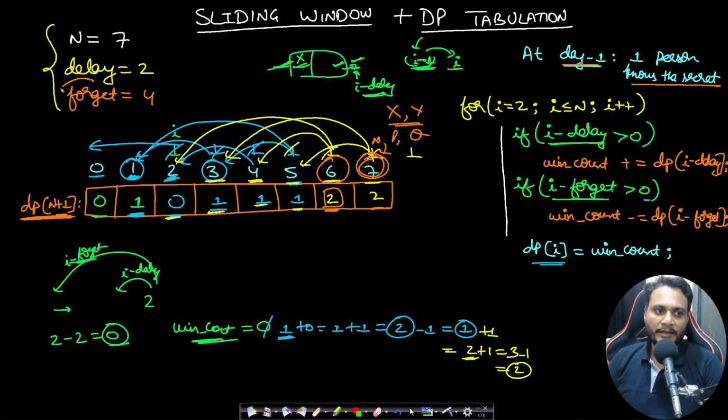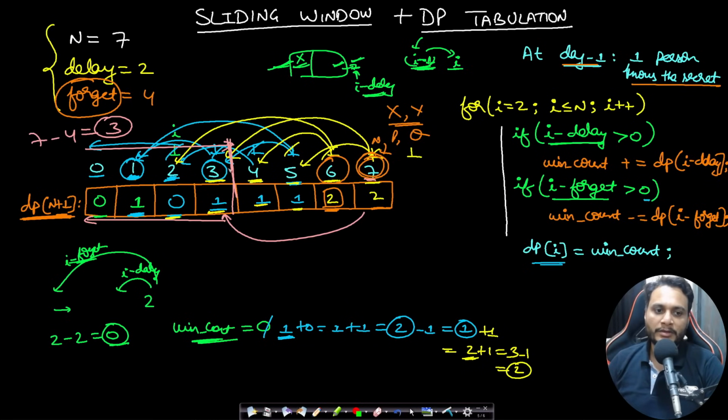You know that in forget time, people will be forgetting about the secret. So if all these assignments were new people, then I can tell you that at this point 7, all the people who were informed till this index 3 and to the left hand side will all be forgetting about the secret, and only from n minus forget plus 1, only from this index 4 and beyond, everyone will be remembering it.